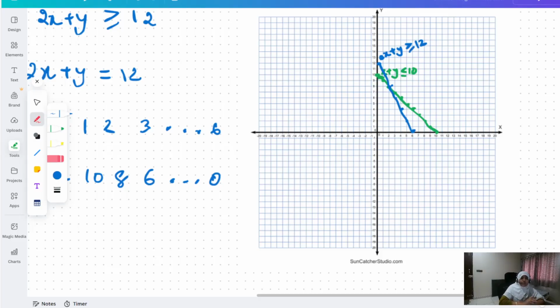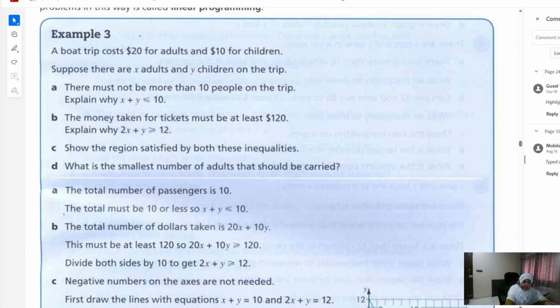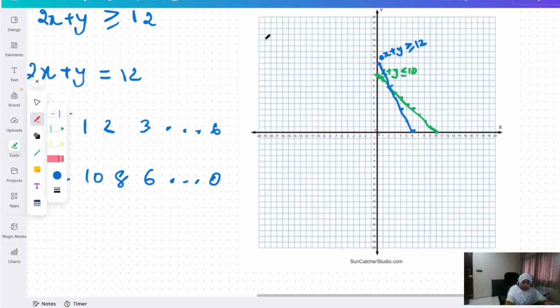Okay, so we have just plotted the inequalities, and what they have asked is you have to show the region that is satisfied by both the inequalities. So you see, this is one inequality and this is another. The region that is satisfied by both the inequalities is this region. Okay, wait, I'll just show it in this color.